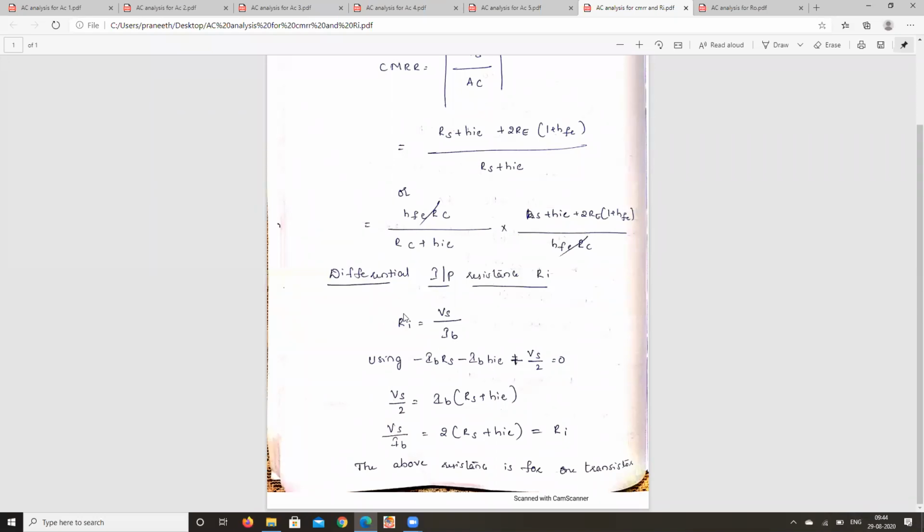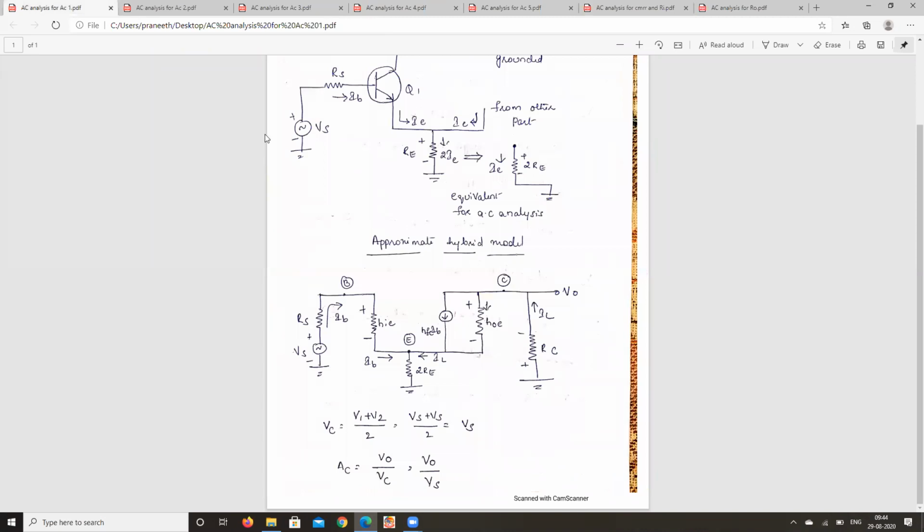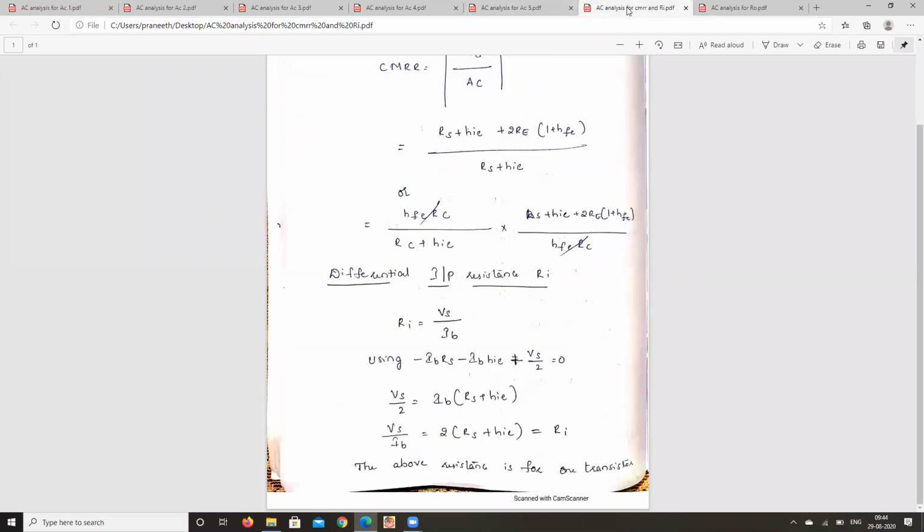The input resistance is given as Vs by Ib. Vs is nothing but the input voltage, the source voltage, and Ib is the current that was flowing, as you can see over here. So the input resistance Ri is equal to Vs by Ib. That is what I have done. For deriving this, I have used this expression.